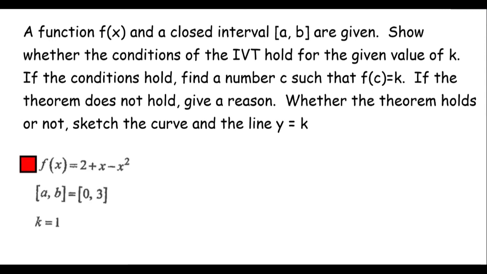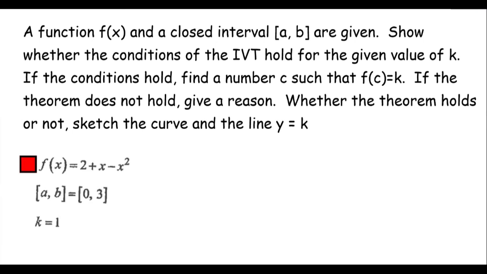So k is my y value there. That's what's telling me f of c equals k. If the theorem does not hold, give a reason. And regardless of whether it holds or not, we're going to make a sketch of this function and the line y equals k to illustrate why it works or doesn't work.